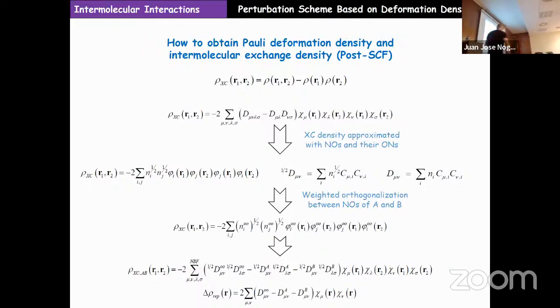The process is more complicated, because now I have to do a weighted orthogonalization, since the natural orbitals don't all have the same weight. In Hartree-Fock, they have exactly the same occupation number. The weighted orthogonalization is similar to that done in the NBO method. Those who work with NBO or have done some NBO analysis may know it.